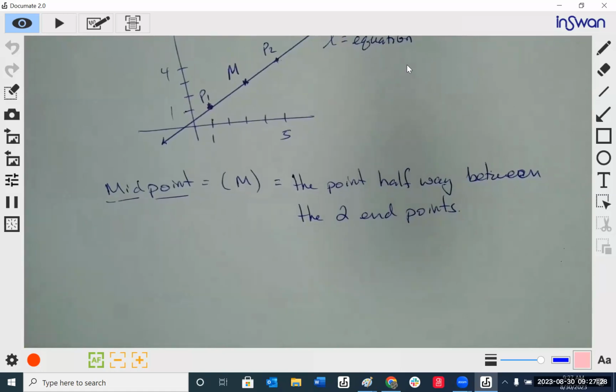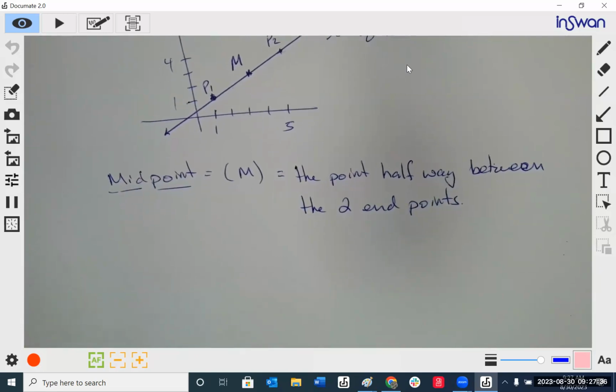A midpoint is just that. Mid means halfway through. That also should give you the hint on how to find it.